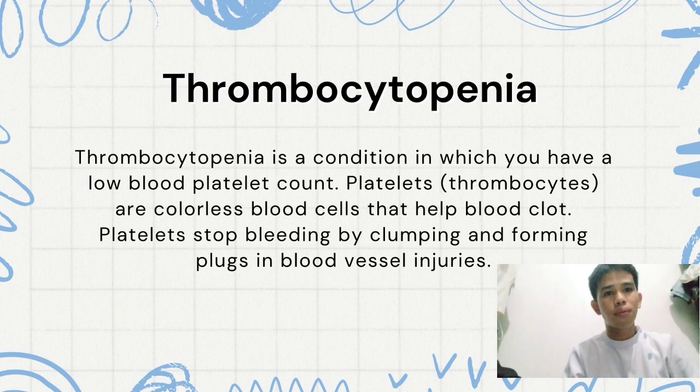So the next type of hematologic disorders in pregnancy is the thrombocytopenia. Thrombocytopenia is a condition in which you have low blood platelet count. Platelets are colorless blood cells that help blood clot. Platelets stop bleeding by clumping and forming plugs in blood vessel injuries.